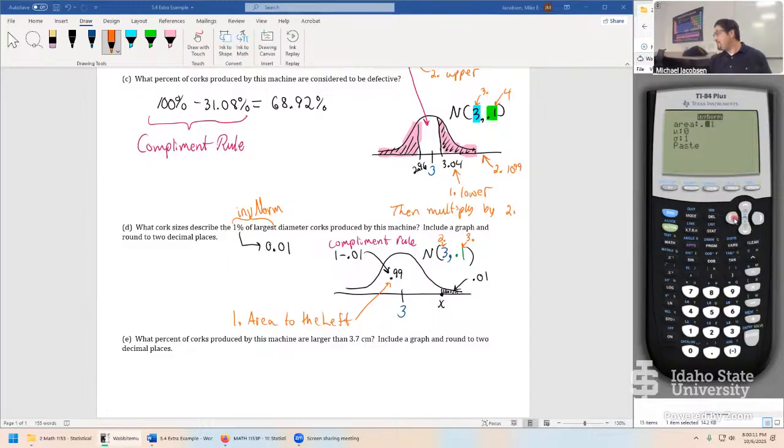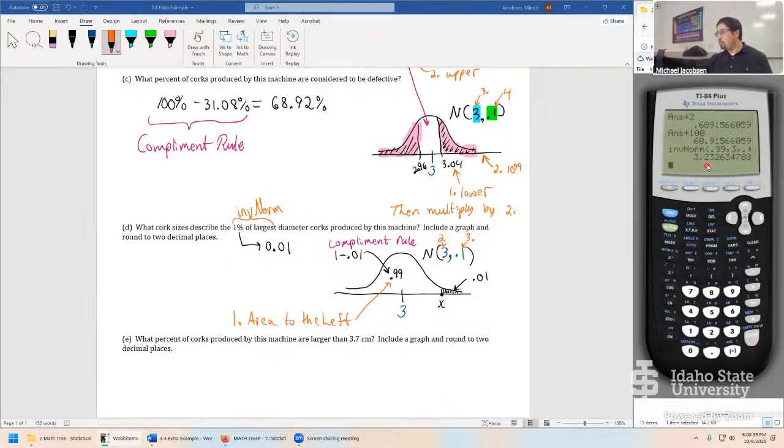But this calculator that I'm using, that is not a possible feature. So I'm forced to use 0.99. If you want to use that, just make sure you're using the left button because that's the left tail area right here in our diagram. Then update the mean to 3, standard deviation to 0.1. And this is what we would get for x.